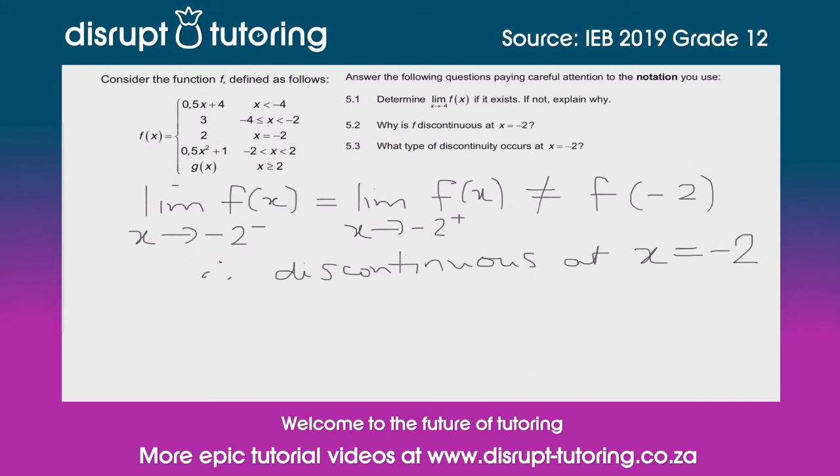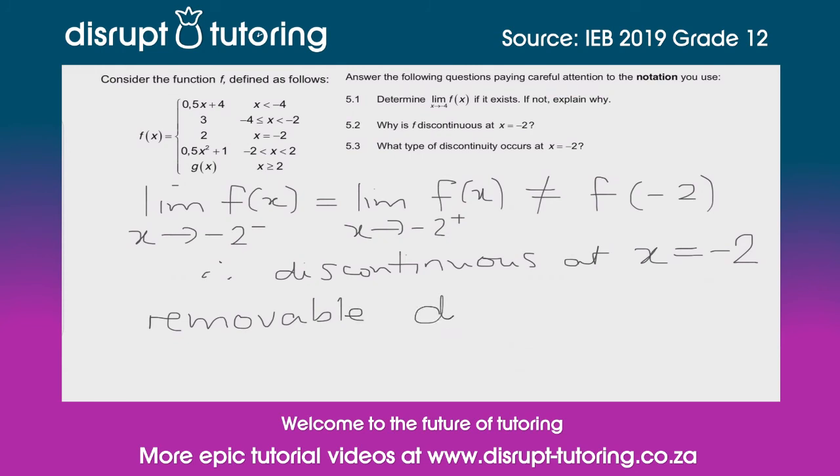And then that leads into 5.3. What type of discontinuity occurs at x equal to minus 2? So when the limit exists but is not equal to the function value, we call that a removable discontinuity.